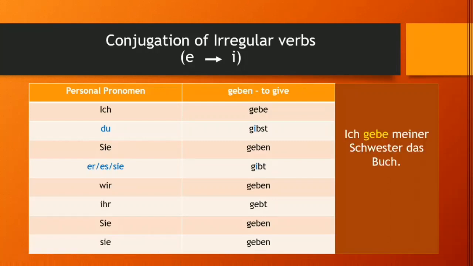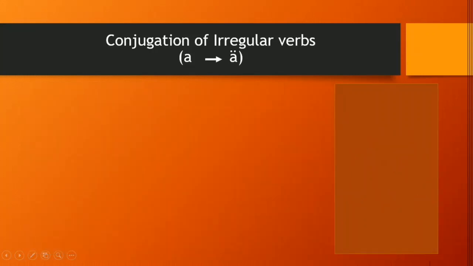Ich gebe meiner Schwester das Buch. I give the book to my sister. So it's gebe because the subject is ich, right? Let's move to the next one.